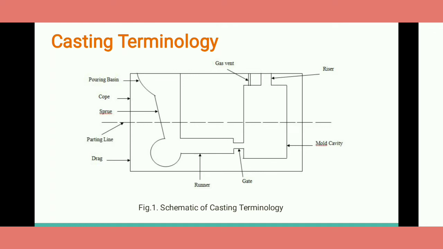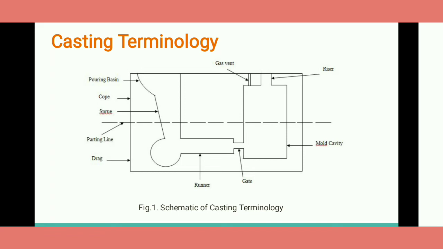After this sprue, the molten material coming through the sprue enters the runner, and that is a horizontal passage. Once it reaches the gate entry, it will start moving through the gate and inside the mold cavity, and slowly this mold cavity is filled by the molten material coming out from the gate.